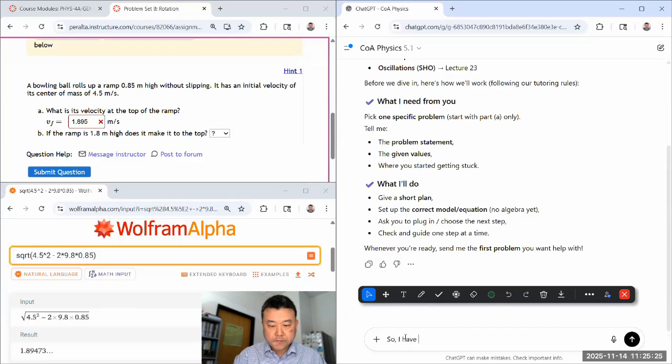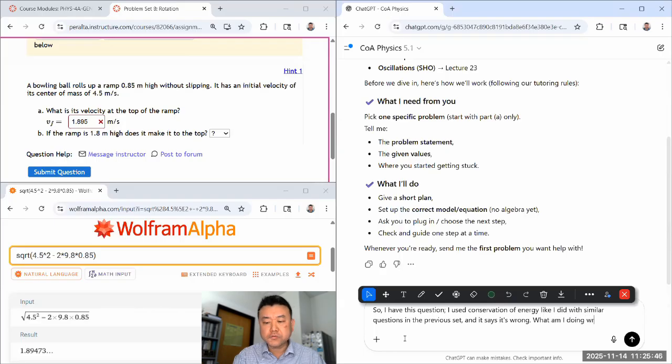So I have this question. I used conservation of energy like I did with similar questions in the previous set, and it says it's wrong. What am I doing wrong?